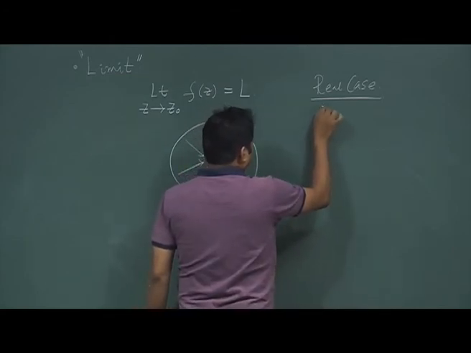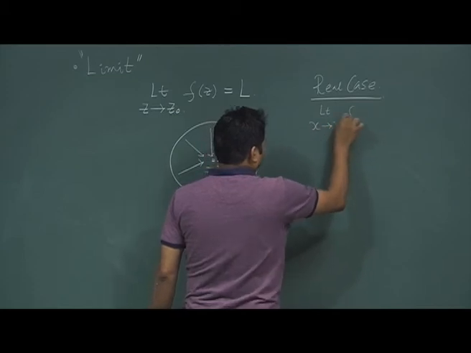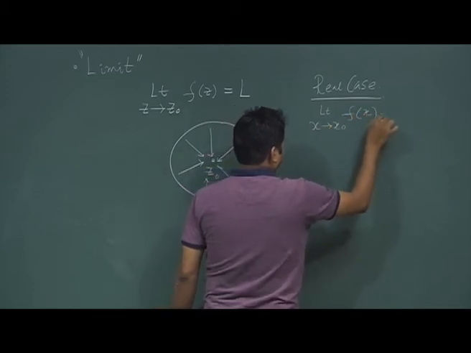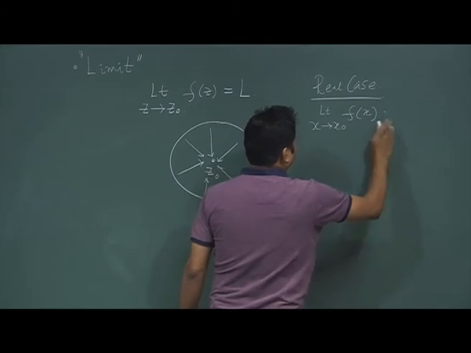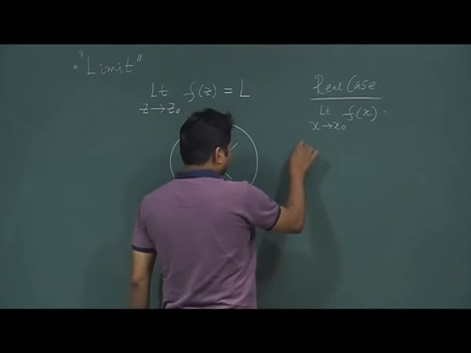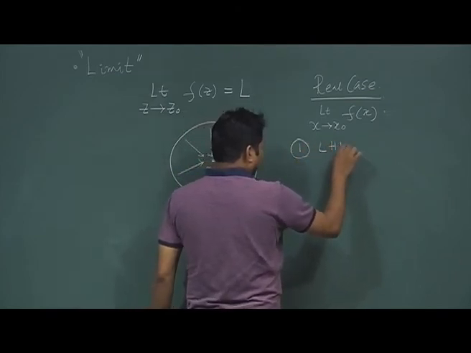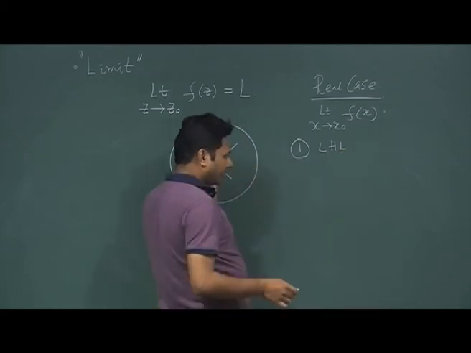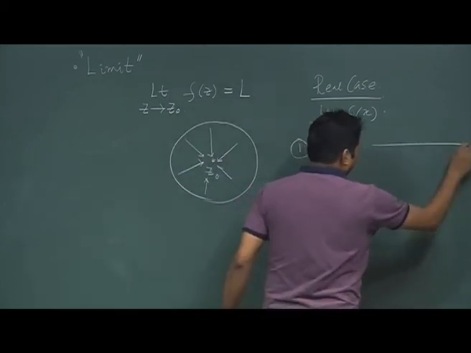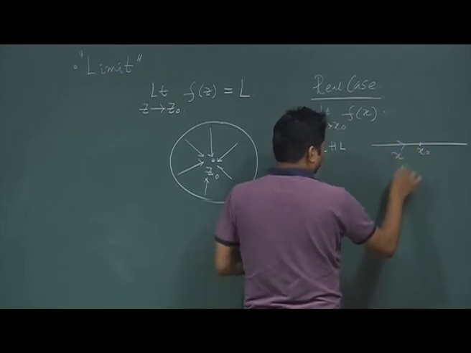I want to find out the limit as x tends to x0 of f(x). What is the value of the limit? First, we check the left hand limit: this is my point x0, and I approach from this side to this side.